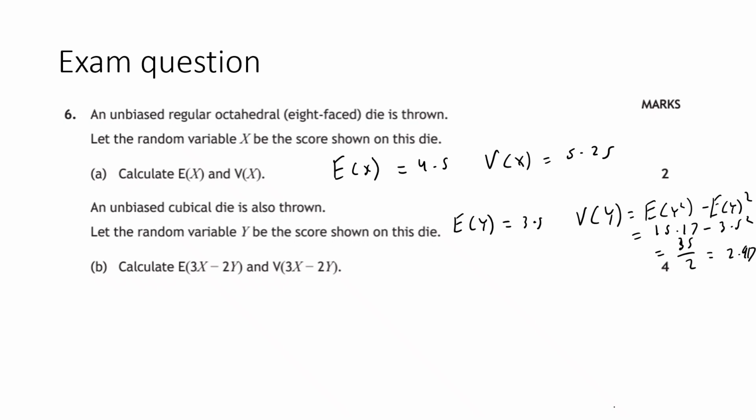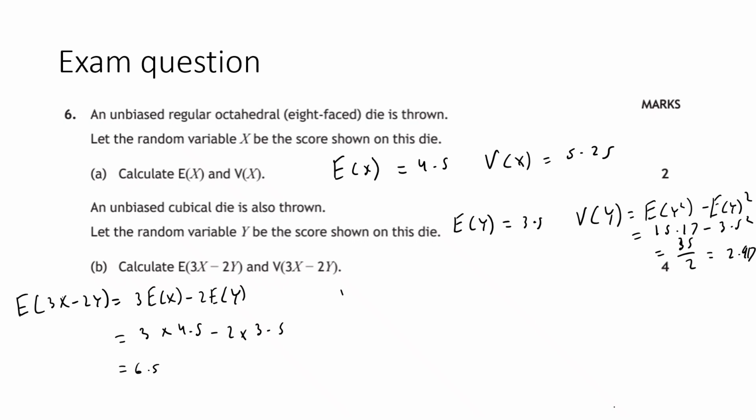Now we can go on to answer the actual question, which is E of 3x minus 2y is the same as 3 times E of x minus 2 times E of y, which is 3 times 4.5 minus 2 times 3.5, which gives us 6.5.